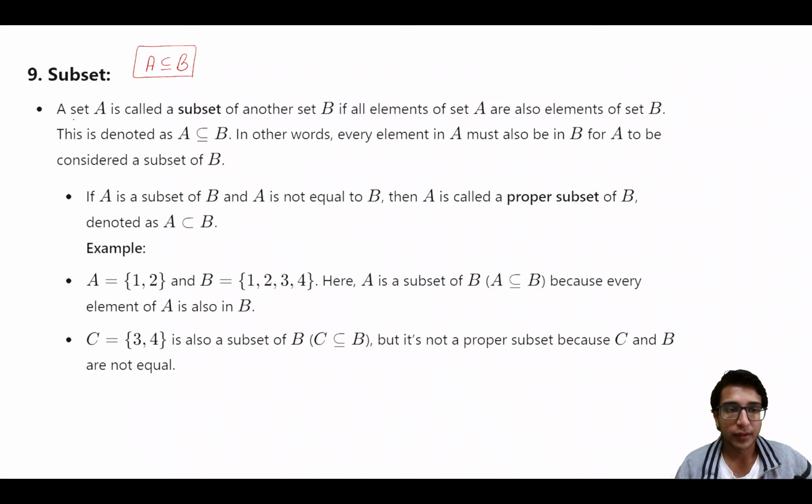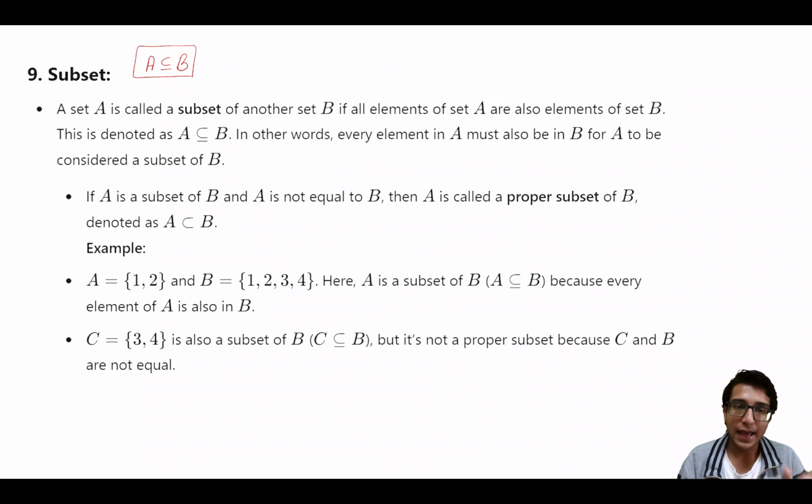So if I go by the definition, set A is called a subset of another set B if all elements of set A are also elements of set B. However, the reverse is not true. All elements of B do not belong in A. Every element in A must also be in B for A to be considered a subset of B. Now sometimes these two sets can be equal.